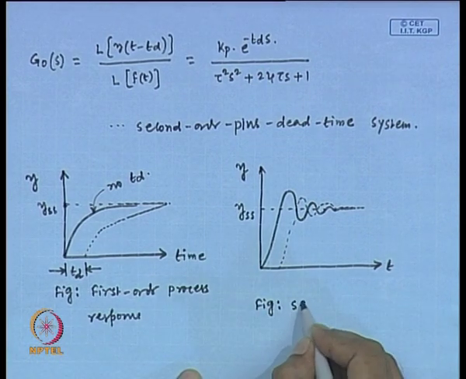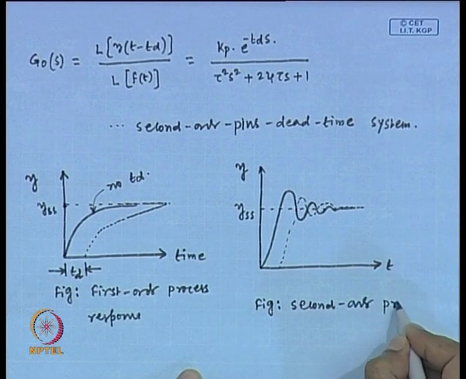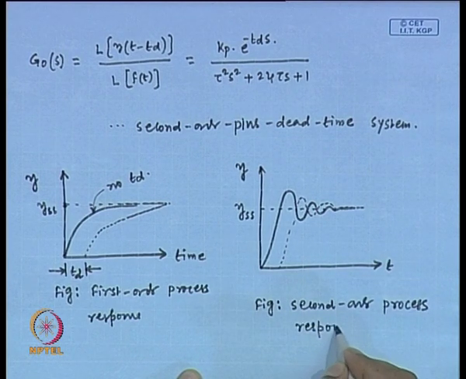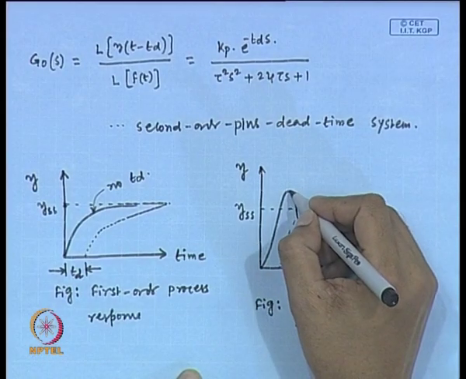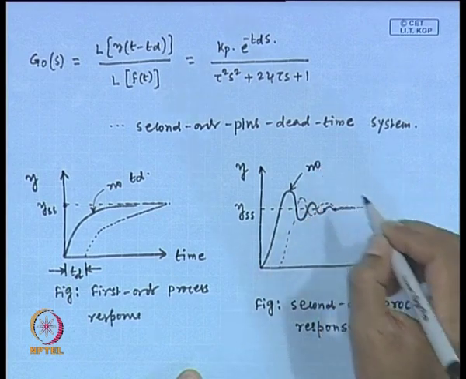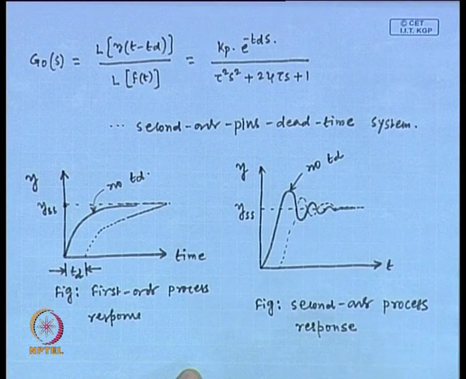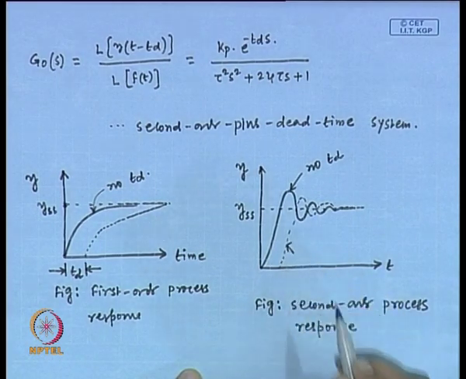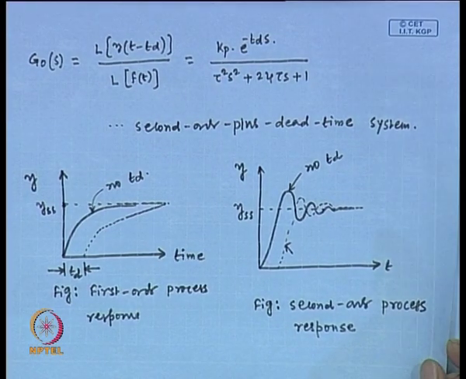So, this is representing the second order process response. Fine. This is the dynamics of second order response when there is no dead time, and this is the dynamics of second order response when dead time is there.